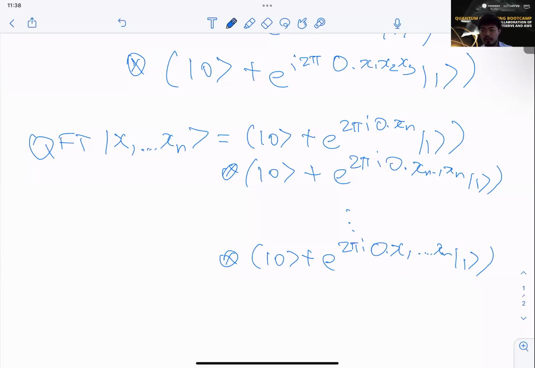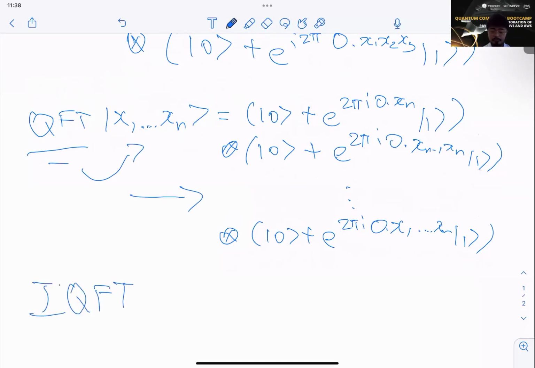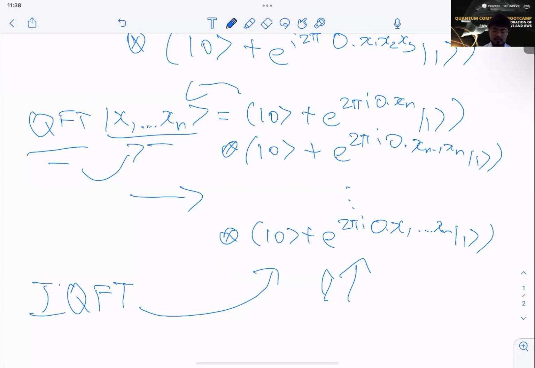Pascal is replying. Okay, so the idea is that if the quantum Fourier transform acts on this to give us this, the inverse quantum Fourier transform acts instead on this entire thing to give us this ket instead.